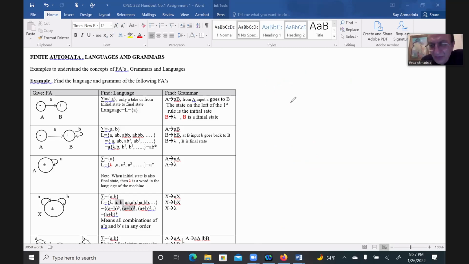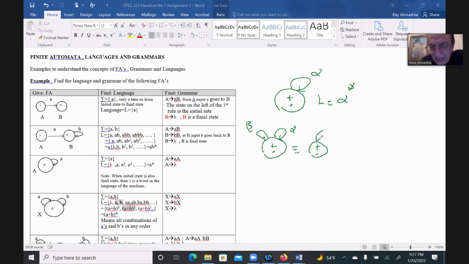In general, if I have one loop, for example alpha, the language is alpha star. If I have two loops, alpha and beta, this is the same as one loop labeled either alpha or beta, so the language is alpha or beta star.